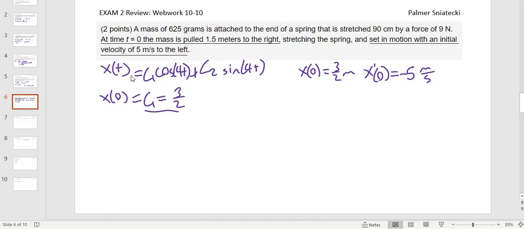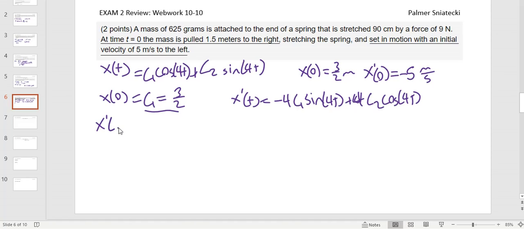For c2, we're going to have to take the derivative of this. So x prime of t is equal to 4 times negative sine there, so negative 4 c1 sine 4t, plus the same thing here, but instead of going negative, it's going to be positive still, since sine goes to cosine, stays positive. 4 c2 cosine 4t.